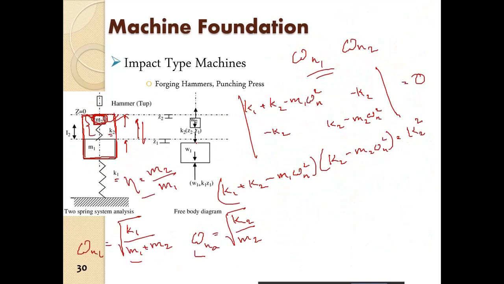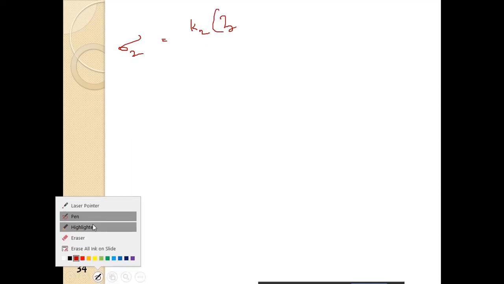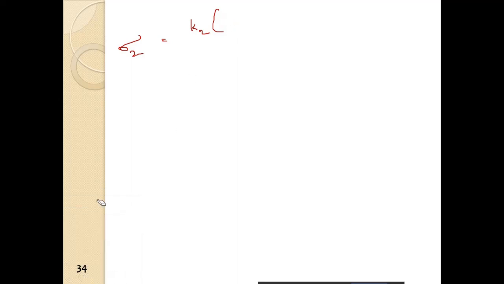To find that out, the stress in the pad is K2, which is the stiffness, into Z1 plus Z2, which is the total displacement, divided by the area of the pad, we can say A2.